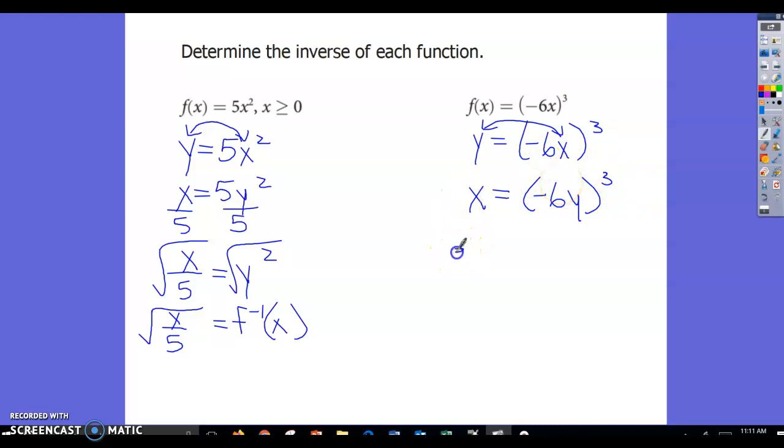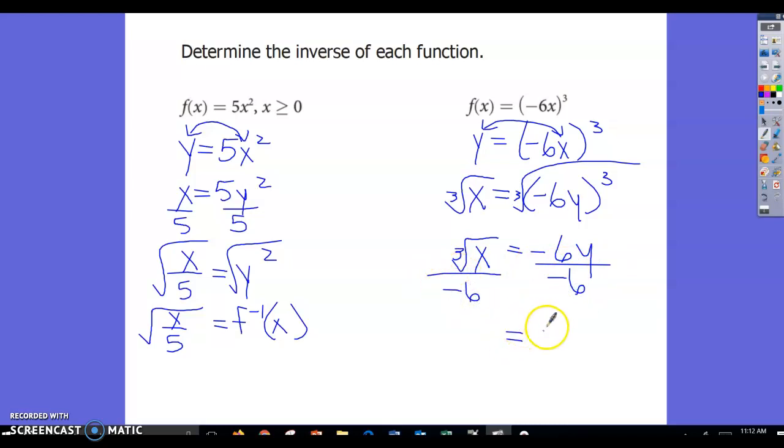So we're going to do the cube root of x, and the cube root of all of this. If you take the cube root of this, it cancels the cube power and leaves negative 6y. Now we're going to divide by negative 6, and this is going to be the inverse.